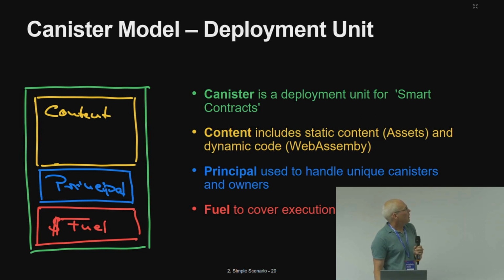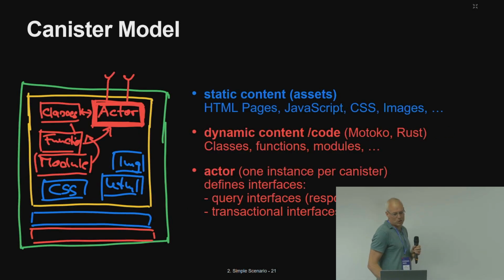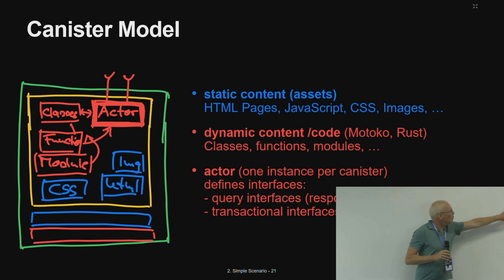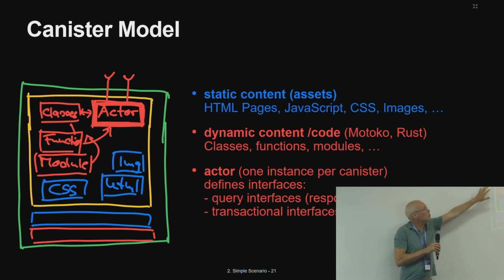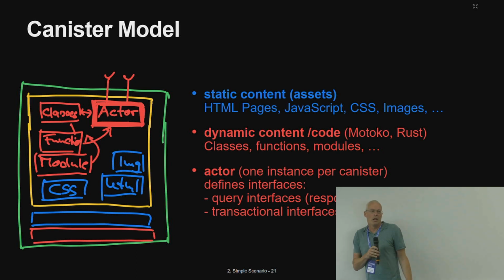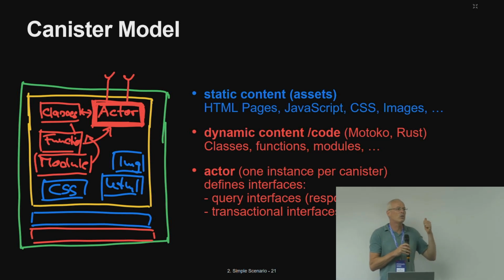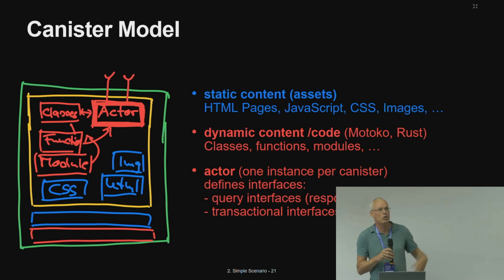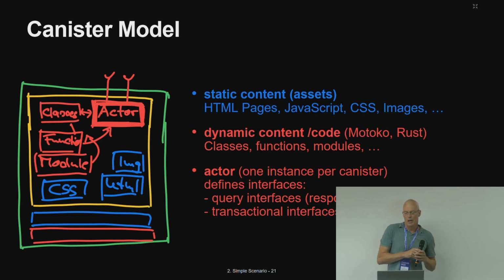Have a look at the payload. It's crappy, but anyhow. This is the payload with the static content and also the backend content. What's interesting about this is that every canister has exactly one actor, and the actor defines more or less the interface to the outside.